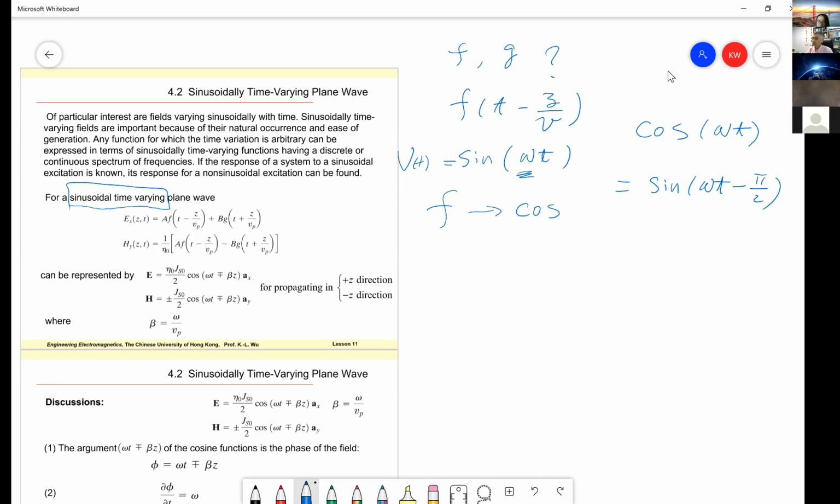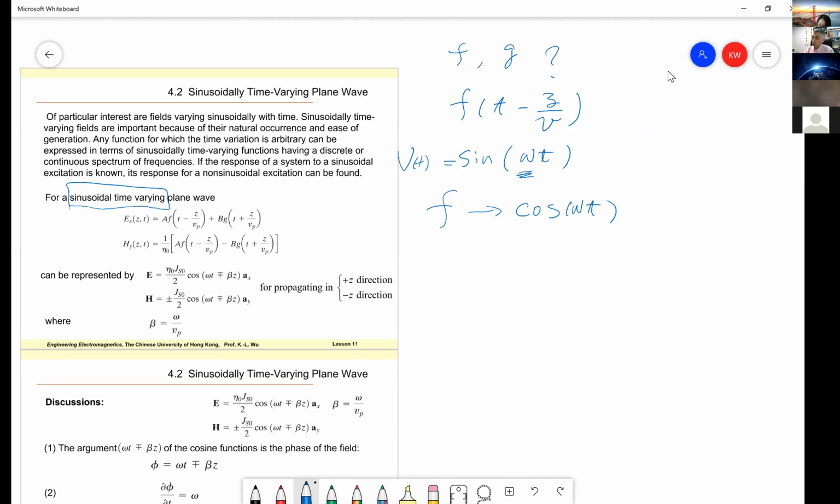This is very straightforward. We convert cosine or sine. Let's use cosine as our reference.